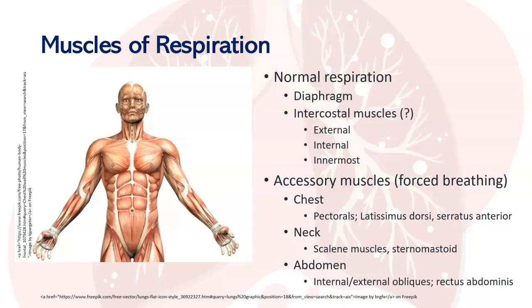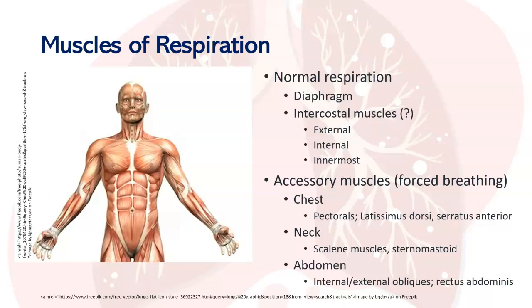Muscles of the neck, such as the scalene muscles and sternomastoid muscles, are attached to the uppermost ribs and clavicle, lifting the upper part of the rib cage, pulling it upwards and forwards, increasing the volume. Again, muscles of inspiration.